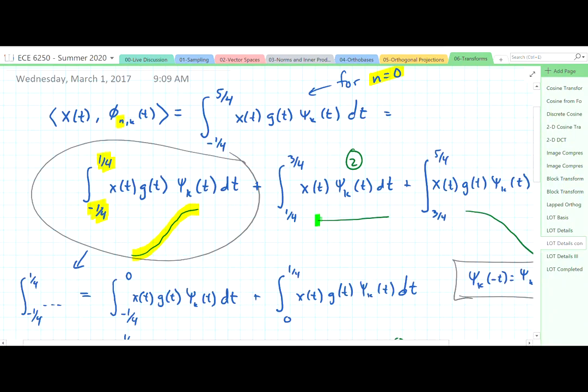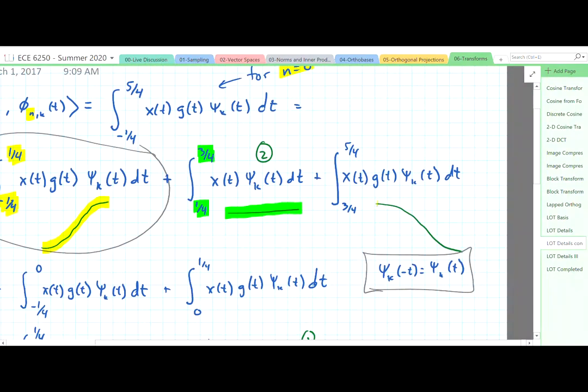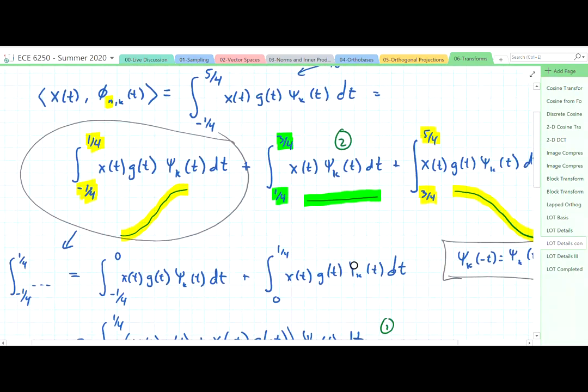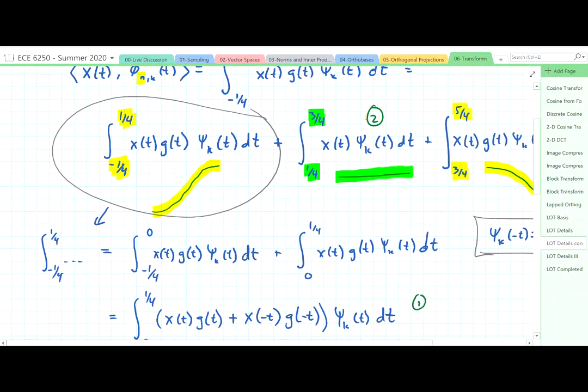The next region will be the flat part, from 1/4 to 3/4. And the final region will be the decaying part, and that's 3/4 to 5/4. We've already done some analysis of this middle part, at least that particular function, not necessarily on that interval.